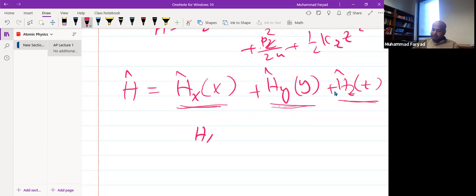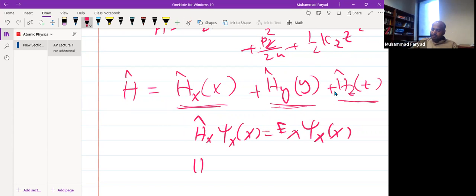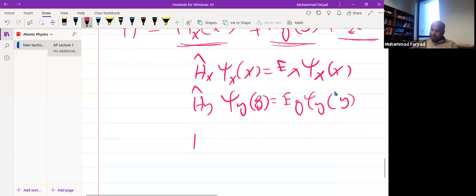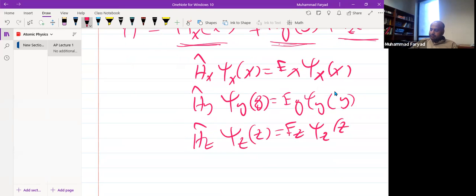For example, we solve for psi x and find some Ex, and we solve for the y component of the Hamiltonian and find the energy corresponding to the y component, and we solve for the Hamiltonian for the z component.